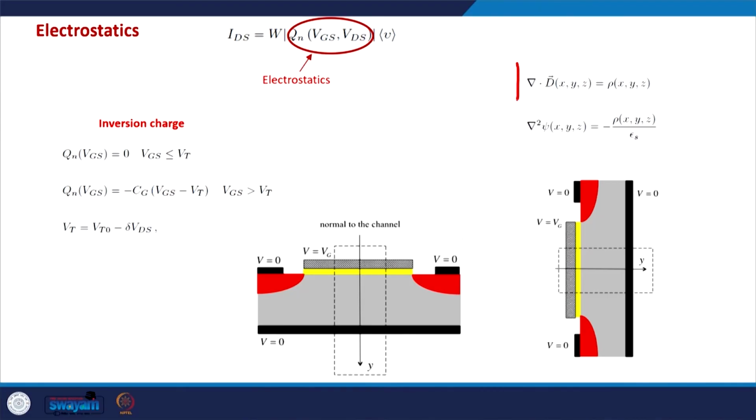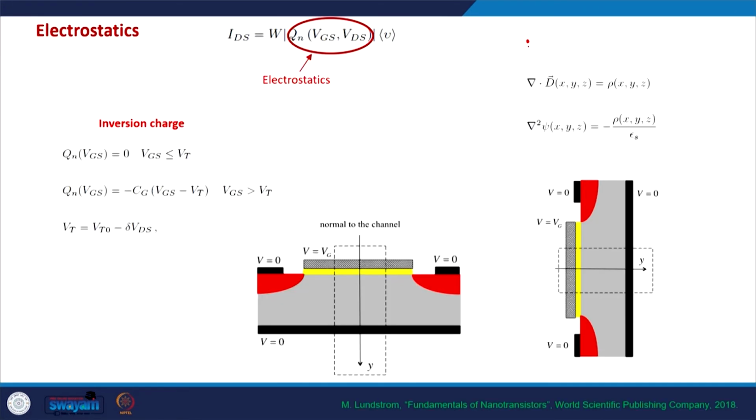And the beginning point in electrostatics discussion is, almost always, this equation. I would recommend you remember this equation, if you don't already know it, because this is one of the most fundamental equations that come from physics, and it is known as the Poisson equation.